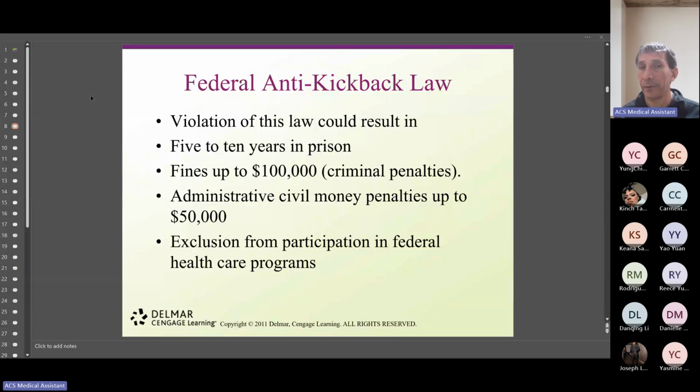So that's basically what it is. Now, for the administrative part, for the civil, for the medical providers, it will be $50,000 and 5 to 10 years in prison. Oh, joy. Not good, right? Because it is fraud. Fraud is a crime.